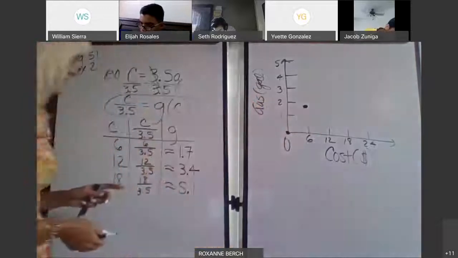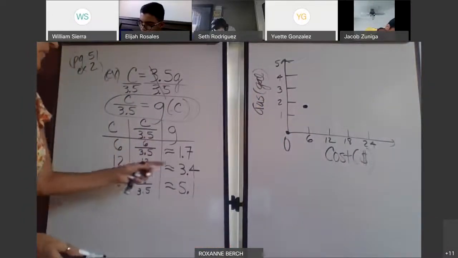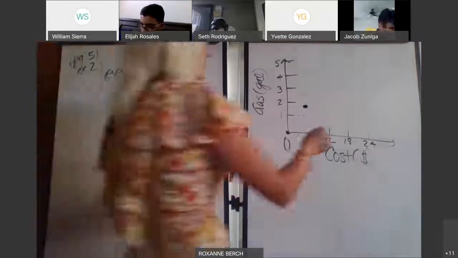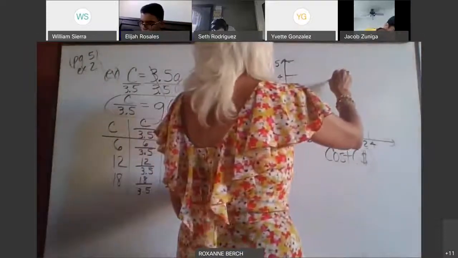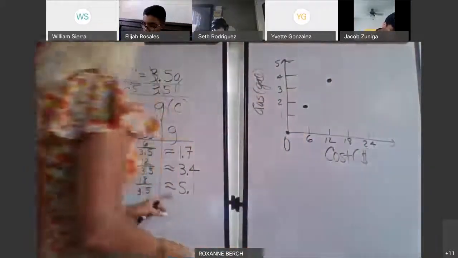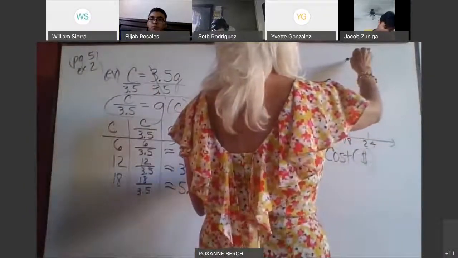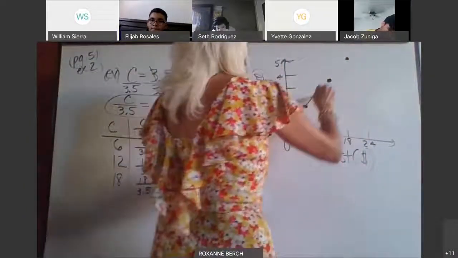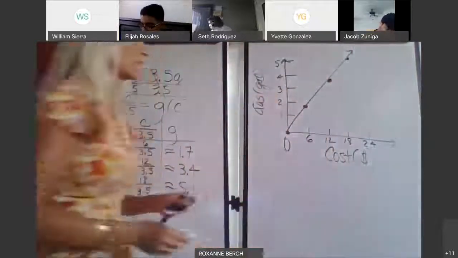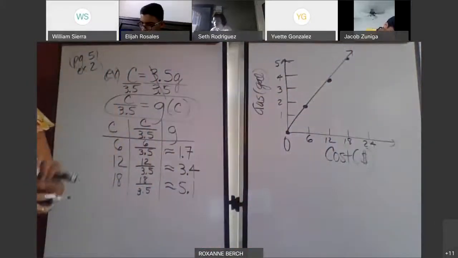That's good enough. We're going to go right 12, up about 3.5. And you're going to go right 18, up 5. So that would be your graph.